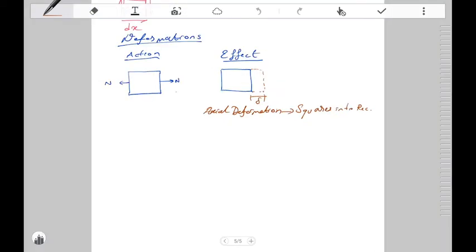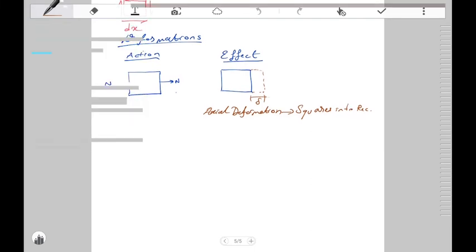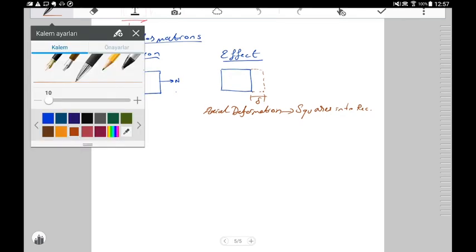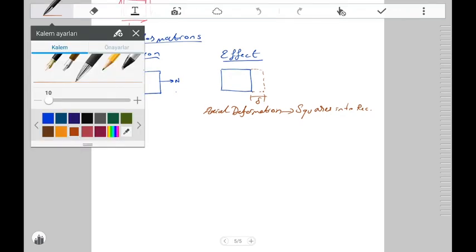Now, we can have a flexural deformation. We say that the flexural deformation is caused by internal moment.